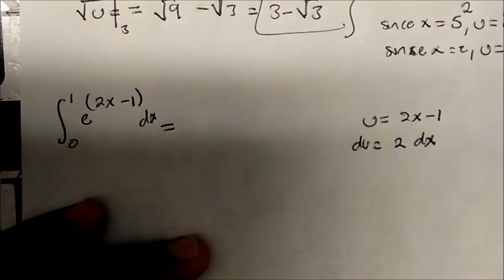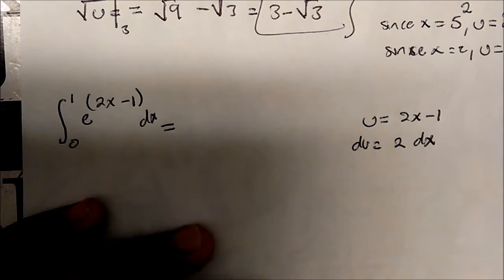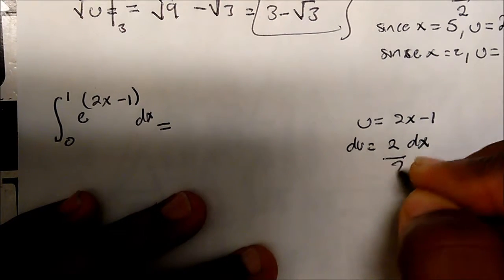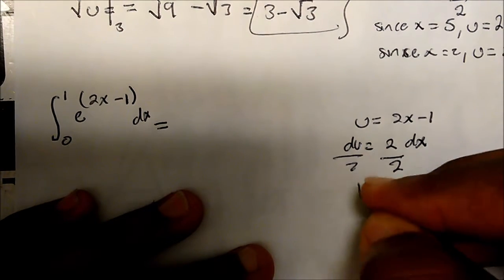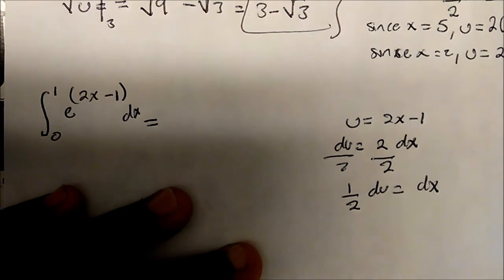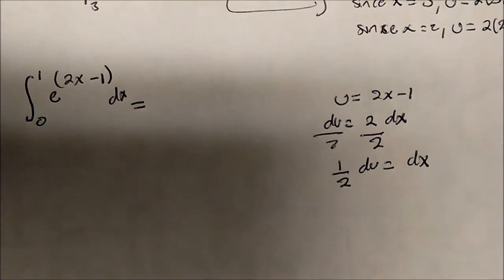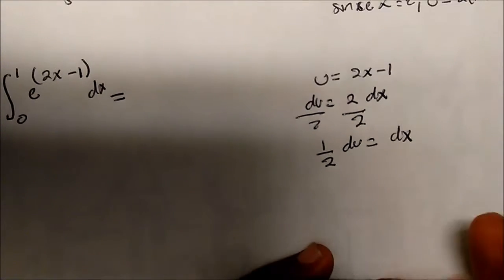Now, notice that I do not have 2 dx, but 1 dx, but that's okay. We can fix that. If I divide by 2 on both sides, 1/2 du is just equal to dx. Now, this is evaluated from 0 to 1, so here's my rationale.